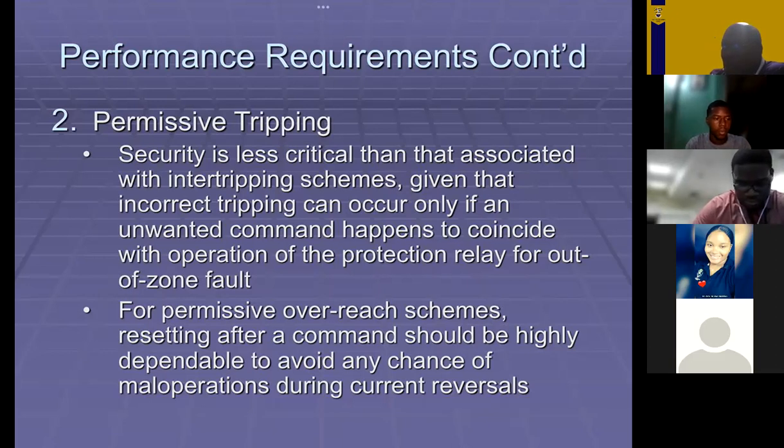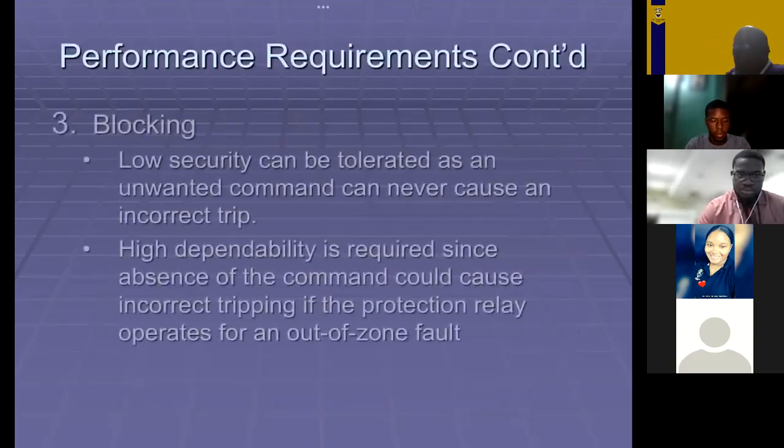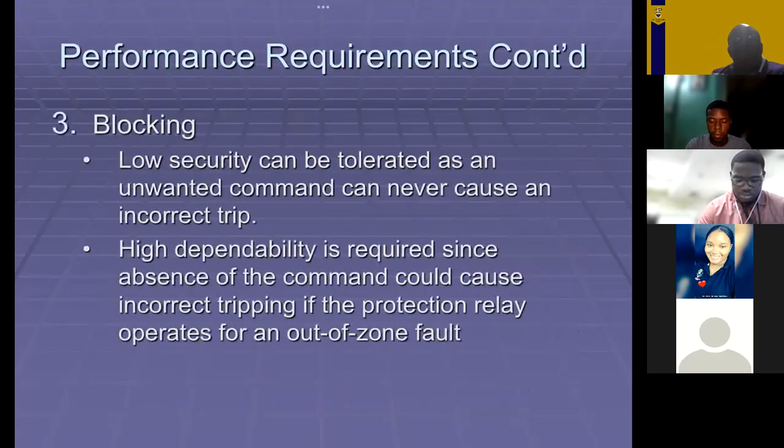And then finally, for your blocking scheme, low security, you can deal with it. It's not that you are going out to say, I need a low security system. What we are saying is that if there is low security, it is more tolerable for a blocking scheme.